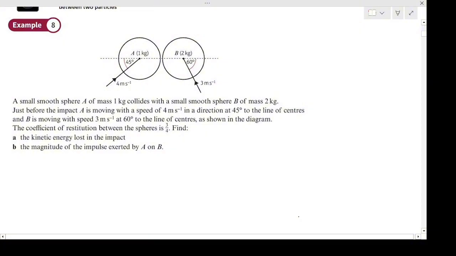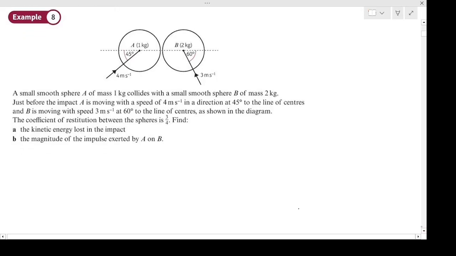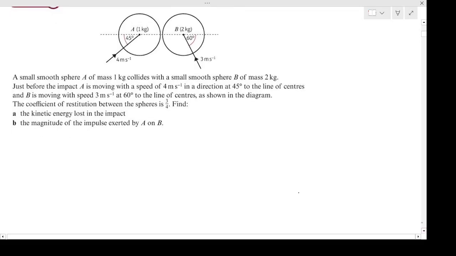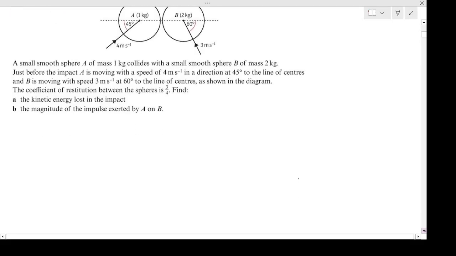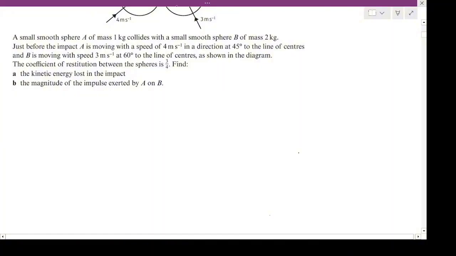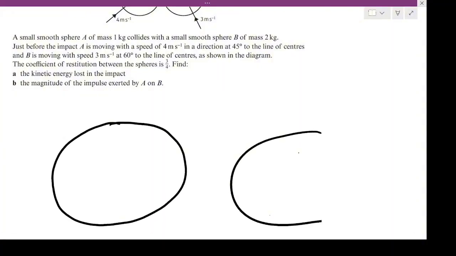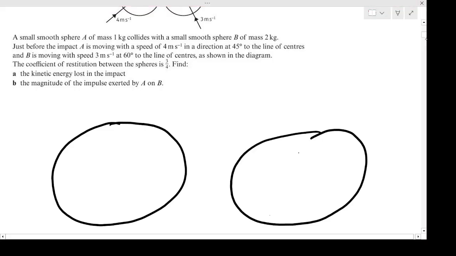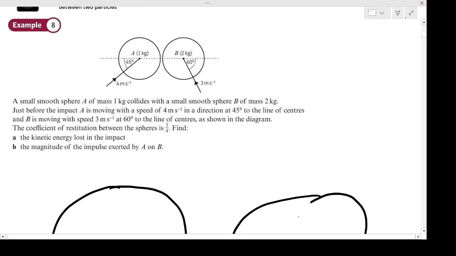Before we start worrying about kinetic energy and stuff like that, the main idea is, again, we want to draw the situation out. I'm going to recommend you just draw a bigger diagram, because that's not going to be enough room. So I'm going to draw an absolutely massive sphere like this and this. I'm going to draw the initial information on.